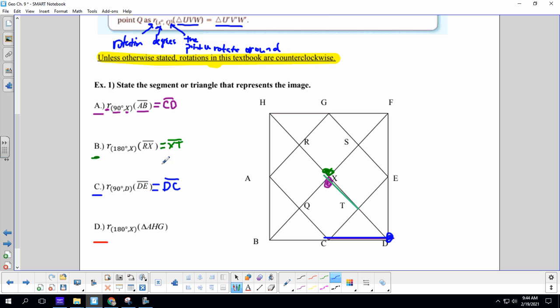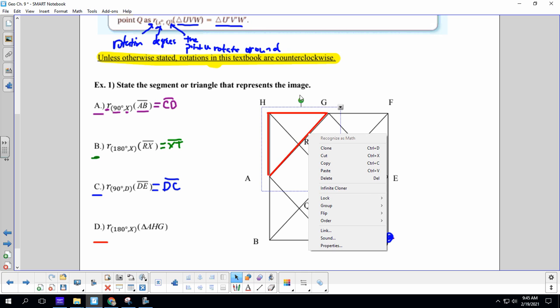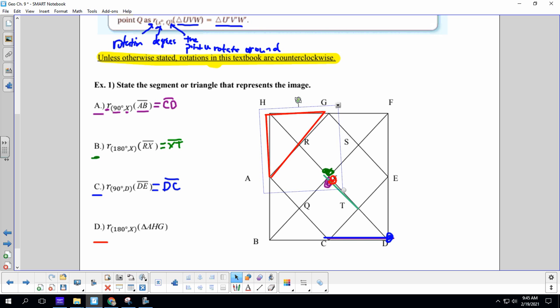Okay, and last but not least, we are going to do a rotation of 180 degrees around point X again of triangle AHG. So let's look at where triangle AHG is. It's here, HG. It's right here, this little corner guy. And we're going to rotate him 180 degrees. This is 90, this is 180.